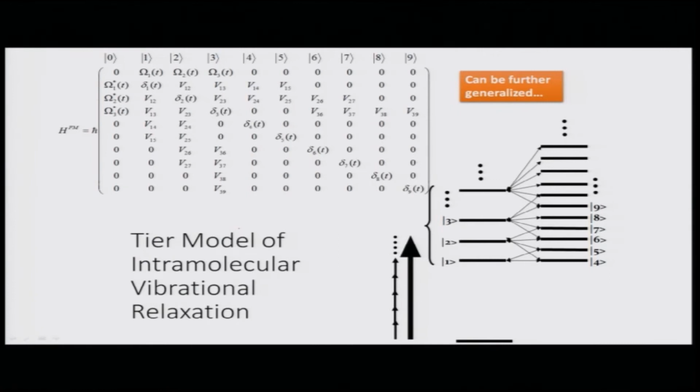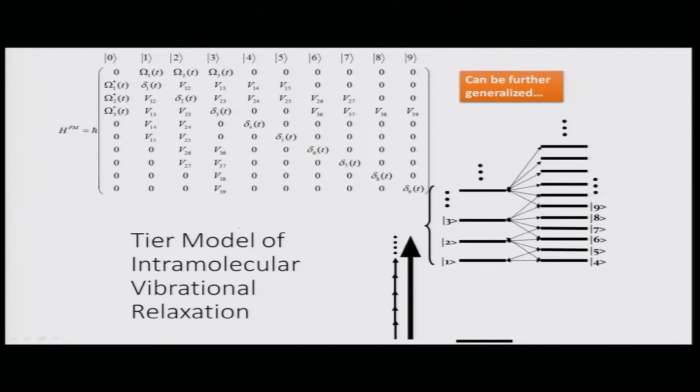This particular idea of how molecules are interacting because of their many states is also possible to understand in terms of another model of intramolecular vibrational relaxation, where it is not just a few states interacting with the original two states which get coupled due to applied field, but there are many other states which interact in a different way.